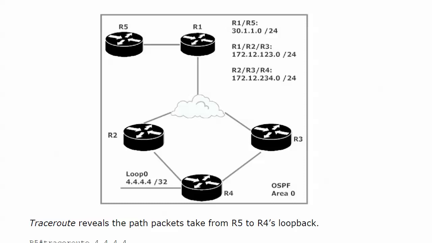But what we want to do for our policy routing example is have those packets go to router 3 as the next hop when they leave router 1. Now the first question is, where are we going to configure this? It's really easy the first time, even if this is the very first time you've seen policy routing, you do tend to think, okay, we want to mark the traffic as close to the source as we can.